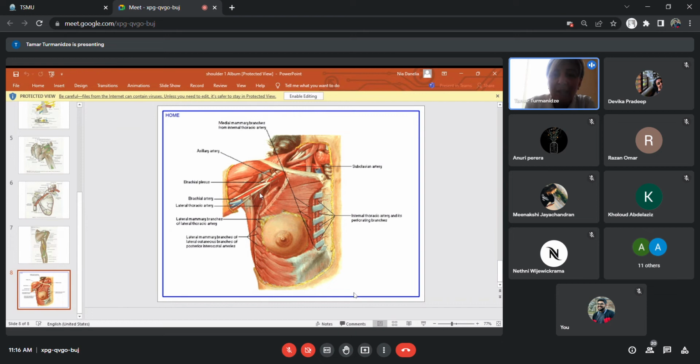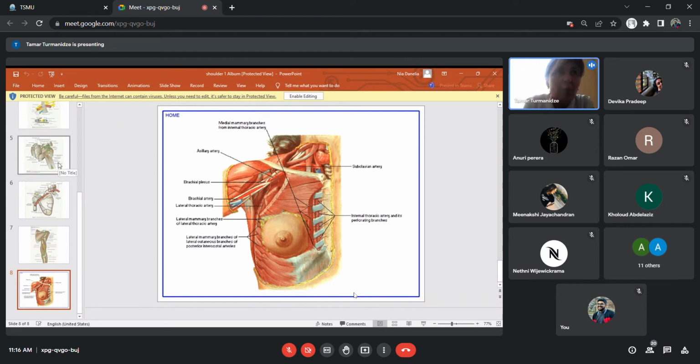So medial to the artery, we have the ulnar nerve, the medial cutaneous nerve of the arm, and the medial cutaneous nerve of the forearm. On the lateral side, we have the musculocutaneous nerve. Posterior to the artery, we have the axillary nerve and the radial nerve. The median nerve is located anteriorly to the artery.